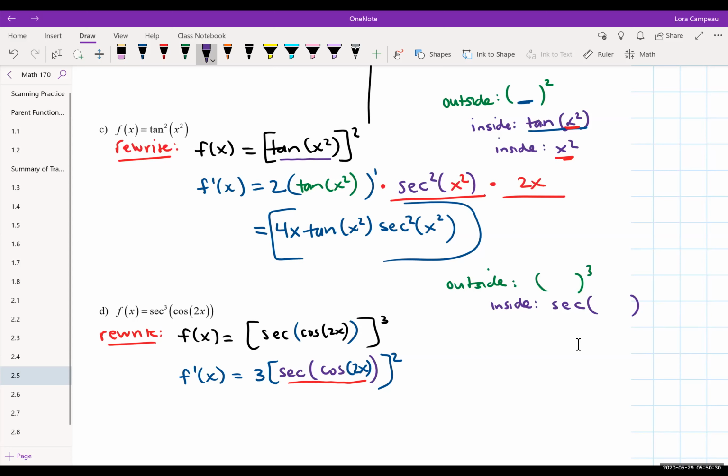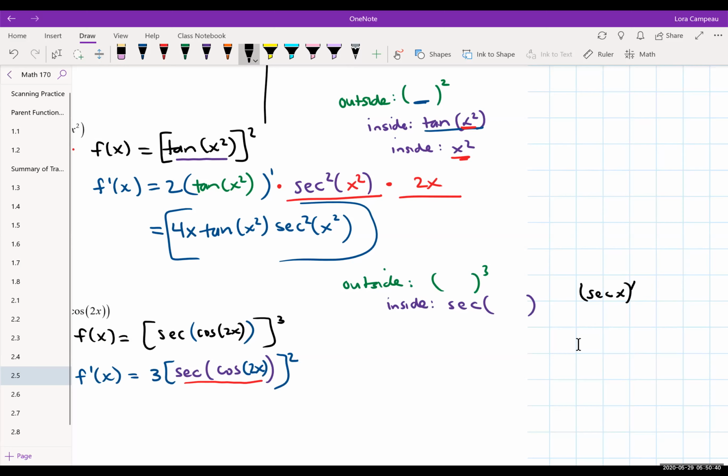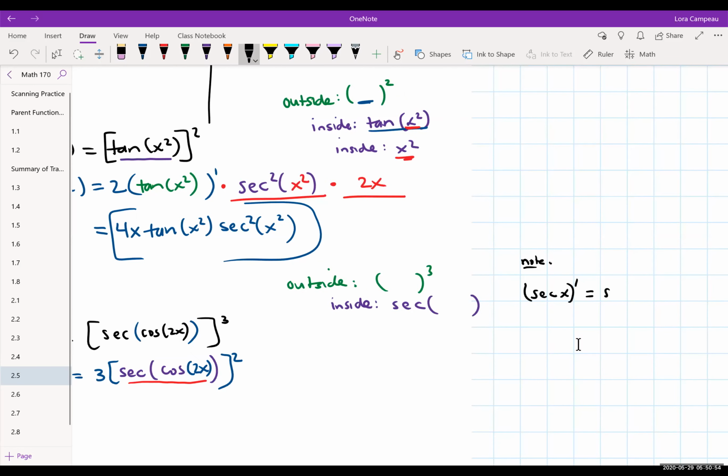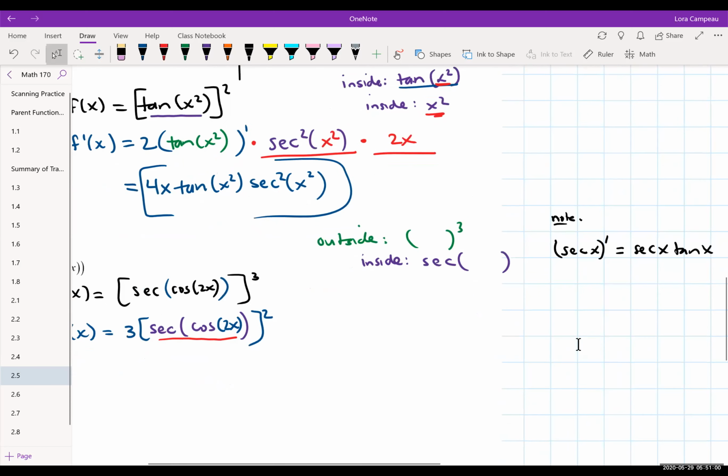Off to the side, if you needed a little bit of trig help, a little note to yourself: the derivative of secant is secant x tangent x. But when I find the derivative of secant of another function, I just have to make sure the link to the chain is there.